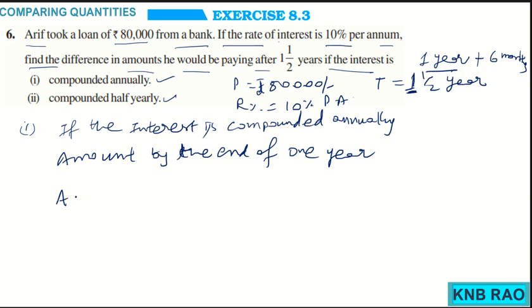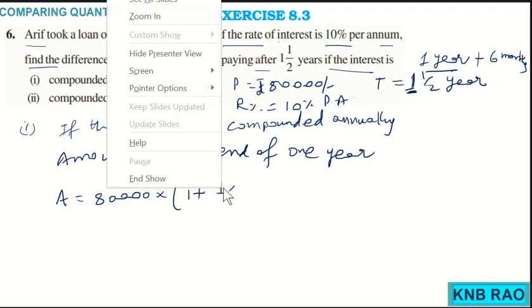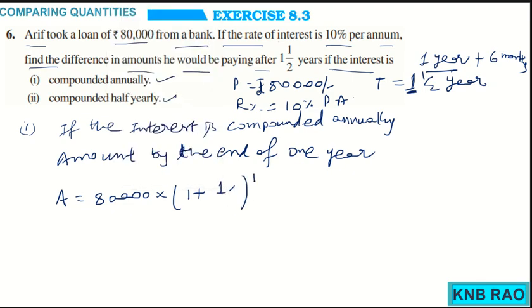So, the amount formula you know, 80,000 multiplied by 1 plus 10 by 100, whole power 1. Time is 1, so power is 1 here.